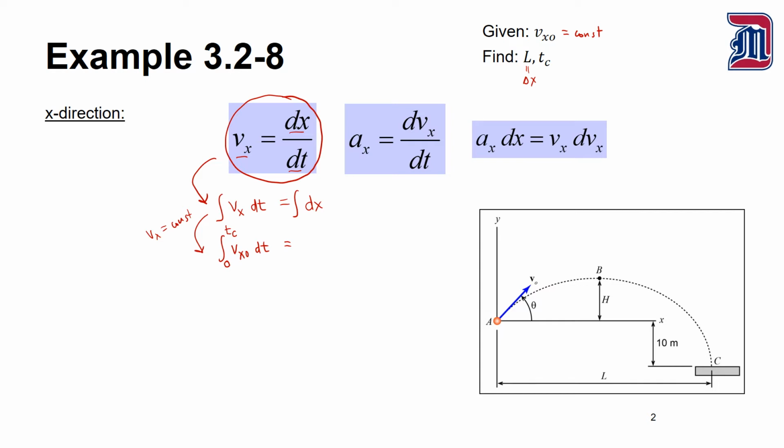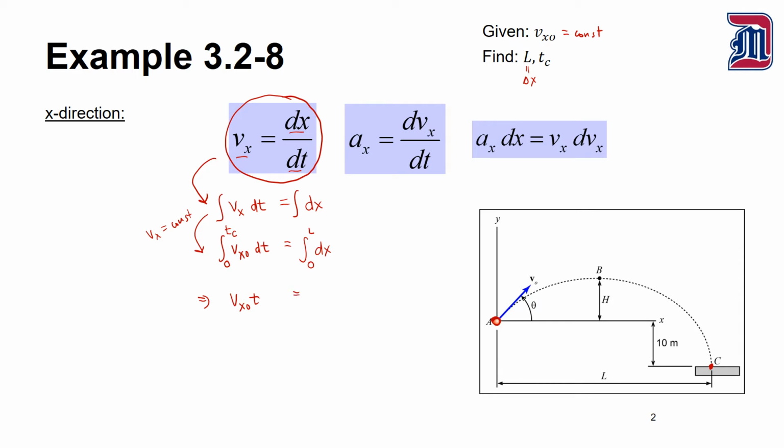On the right-hand side, we integrate with respect to x. Based on our coordinate system, again, we say that the initial x position is 0, and then the final x position at point C is L. Since Vx0 is constant, its antiderivative will just be that multiplying t.